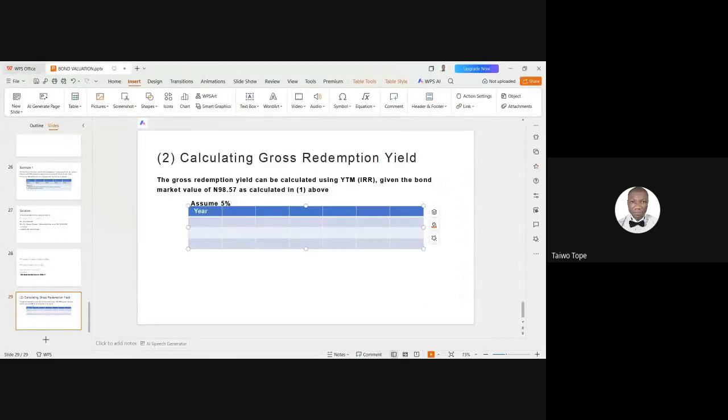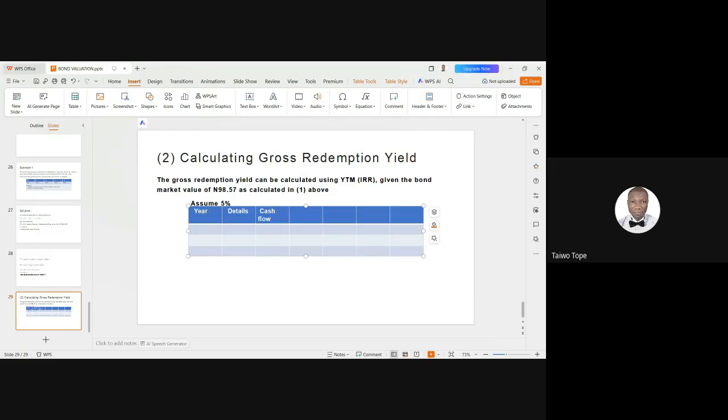I have my year, I have details. I have my cash flow, and I have my discount factor. My discount factor will be my assumed 5%. And I have my present value.